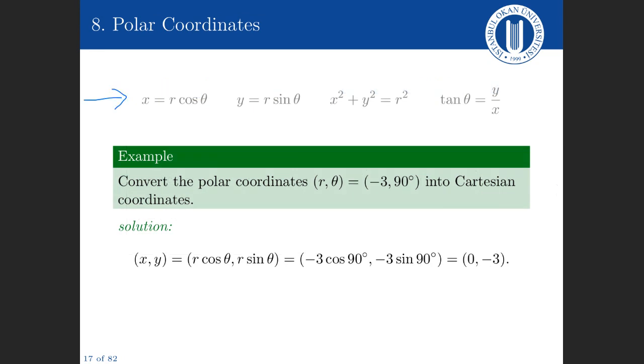I've put these at the top of the screen, and I'm going to solve this example. Convert the polar coordinates -3, 90 degrees, into Cartesians. We're told the polar coordinates, and we're asked to find the Cartesian coordinates. In other words, we're asked to find x and y.